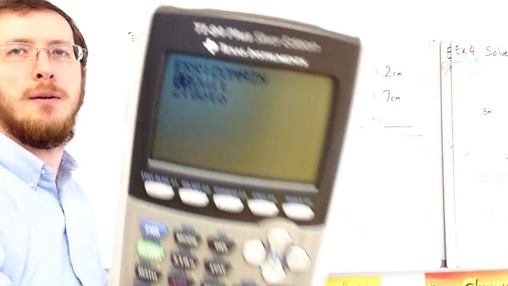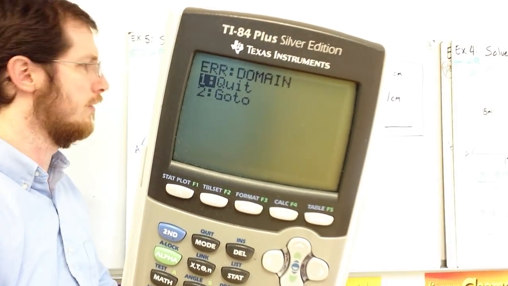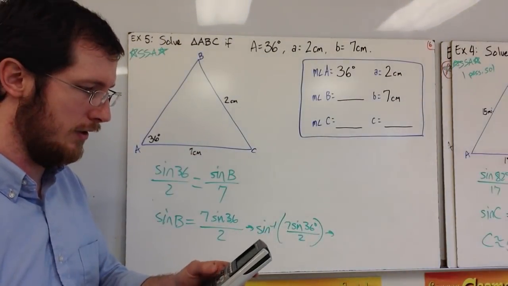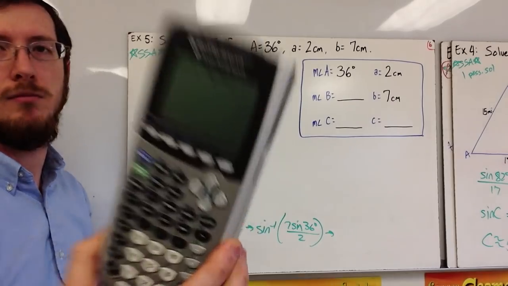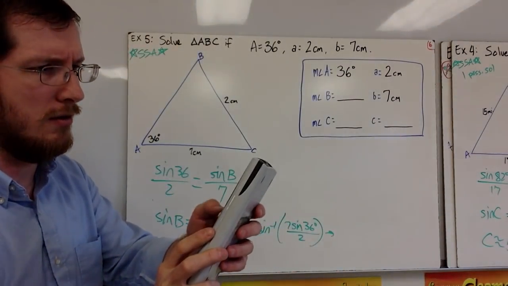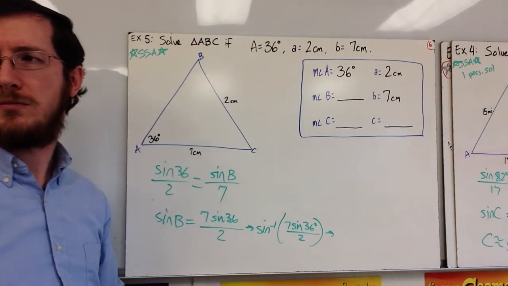Uh-oh, here's what I get. Domain error. Okay, what's wrong with that? Did we punch something in correctly? Okay, if I go back to it, no, it looks like I punched everything in right. Okay, make sure I'm in degrees. I'm in degrees, so what could be wrong?